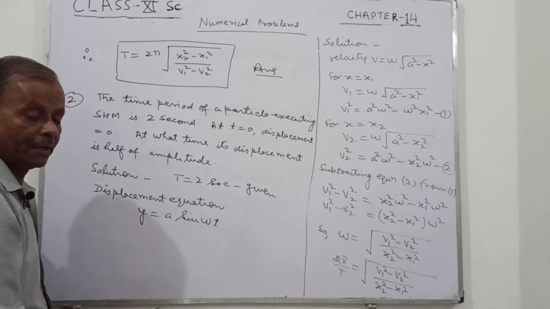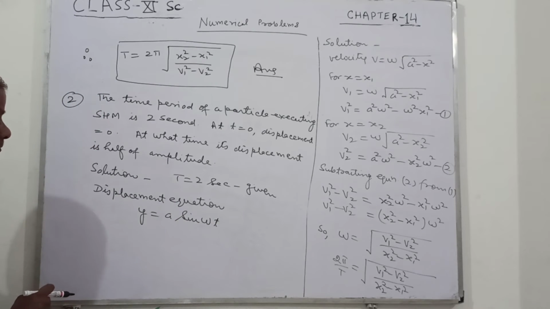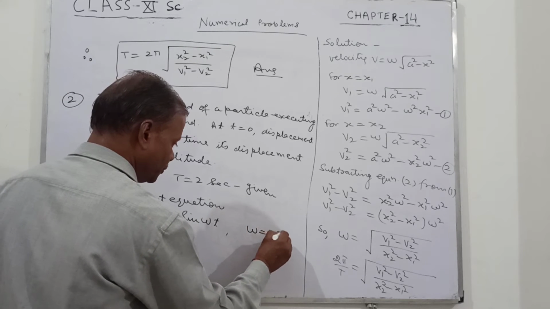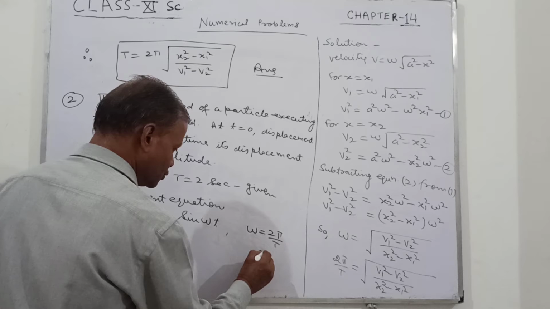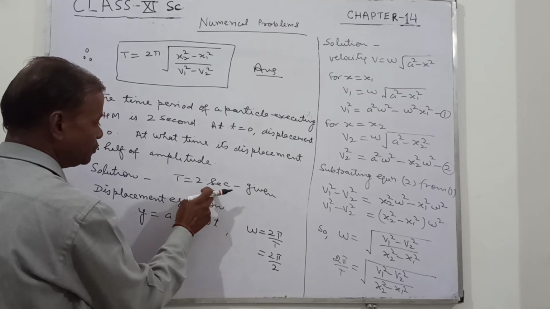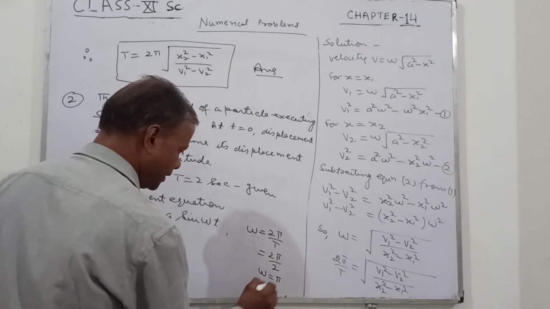There will be no phase difference, that we do not have to consider. Omega equal to 2 pi upon T, so this is 2 pi upon 2 seconds. So this omega is equal to pi.